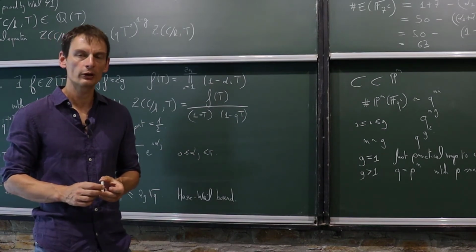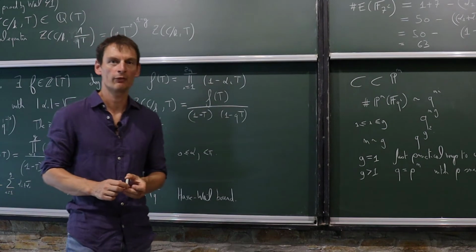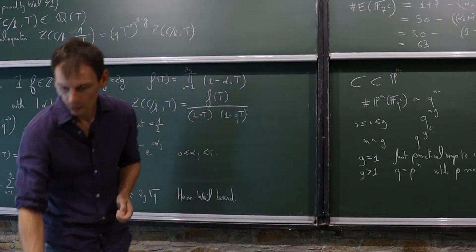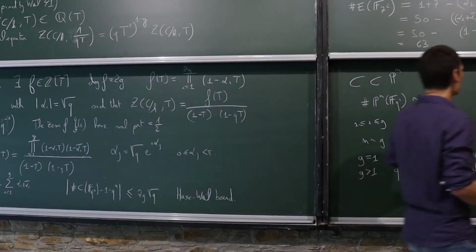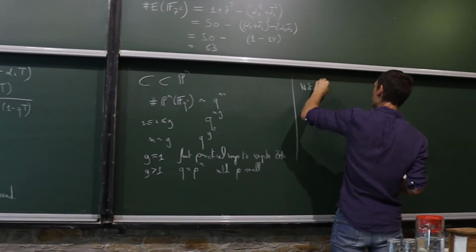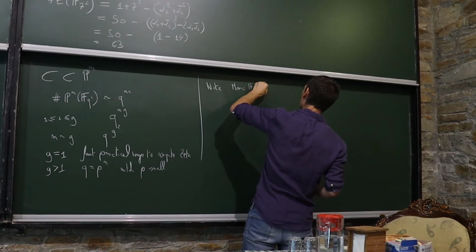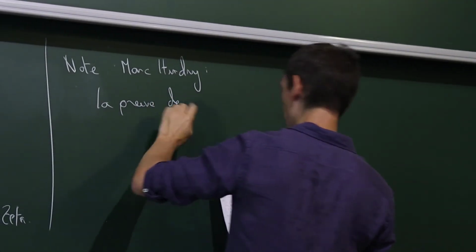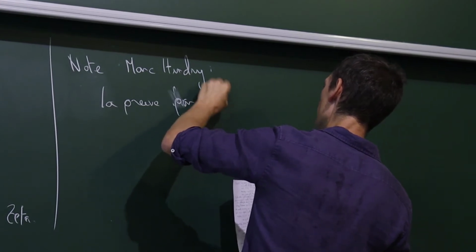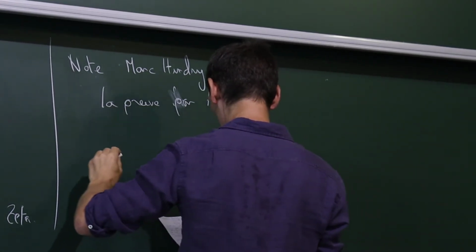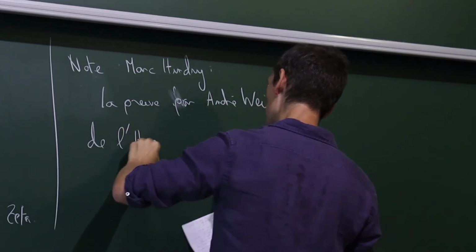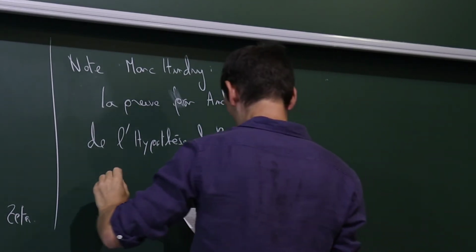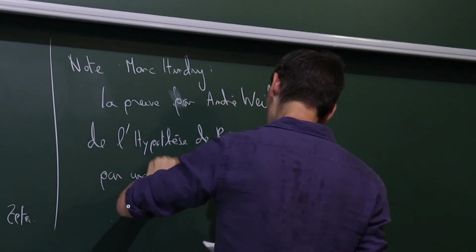I will give the second historical proof, by Weil himself, using intersection on C times C, and I will follow quite closely a note by Marc Indry, which is called, it's in French, La preuve par André Weil de l'hypothèse de Riemann pour une courbe sur un corps fini.